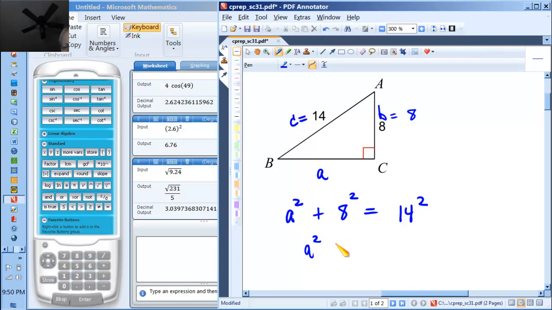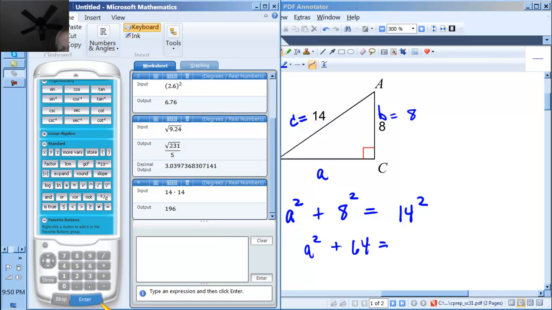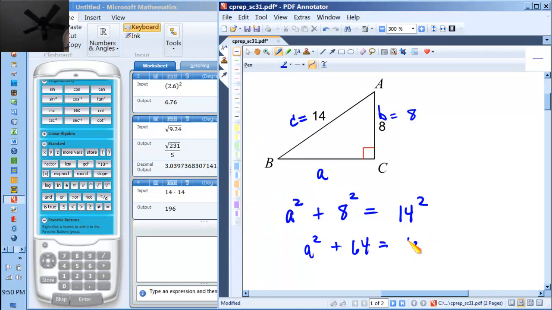That means A squared plus 64 is, what is 14 squared? I think I want to say 196. Let's see if I'm right. 14 times 14, 196. I was right the first time.